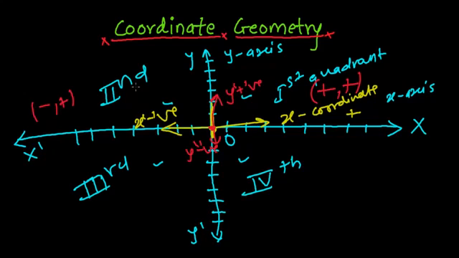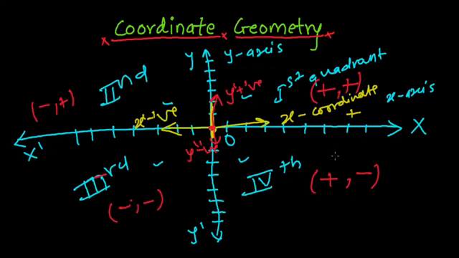In the third quadrant, you are moving to the left side, that's why x is negative, and you are moving downwards, so y is negative. So in the third quadrant, x as well as y both are negative. And in the fourth quadrant, you're moving this side, so x is positive but y is negative because you're moving downwards.